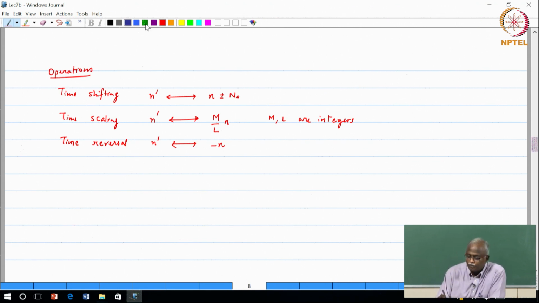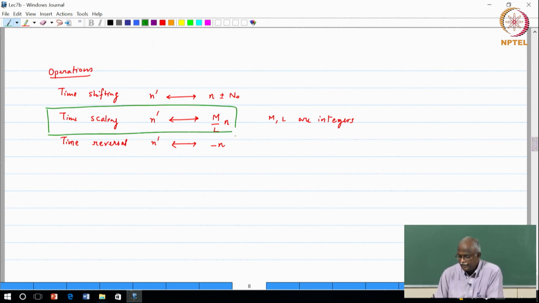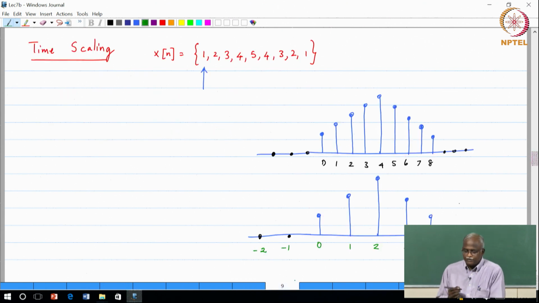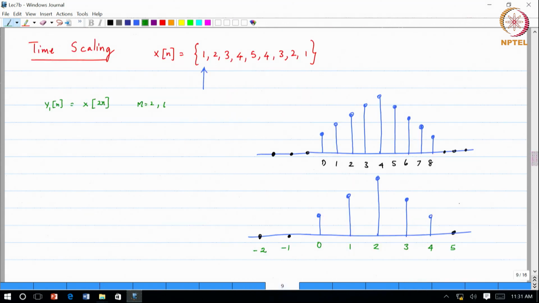We are going to be focusing very specifically on that which gives us an integer change in the sampling rate. Again, I am assuming this is material that you would have seen before, but nevertheless good for us to make sure that we are comfortable with it. So, time scaling. Given a sequence 1 2 3 4 5 4 3 2 1, we are interested in a time scaled version y1 of n is equal to x of 2n.